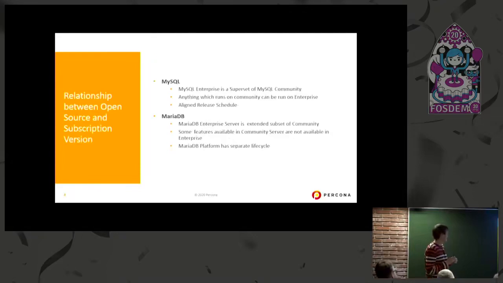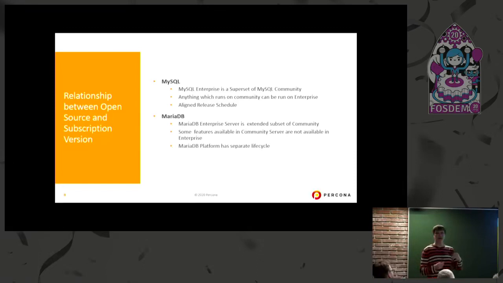Okay. So another thing that is interesting is the relationship between open source and the community version, where MySQL Enterprise is a superset of MySQL Community. Whatever runs on MySQL Community is included in MySQL Enterprise, right?